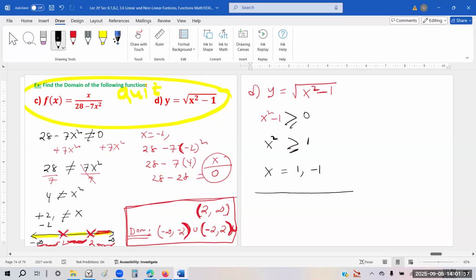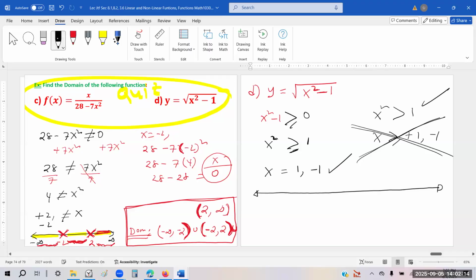But which part is bigger? To determine that, you have to use a number line. You cannot say x squared is bigger than 1, which means x is bigger than positive or negative 1. This is false. The equals part is true, but the bigger than symbol is false.